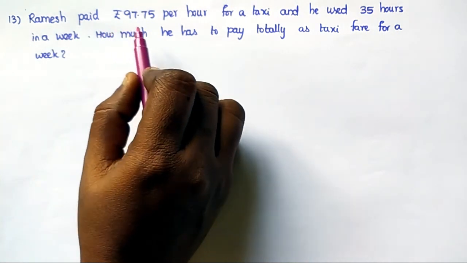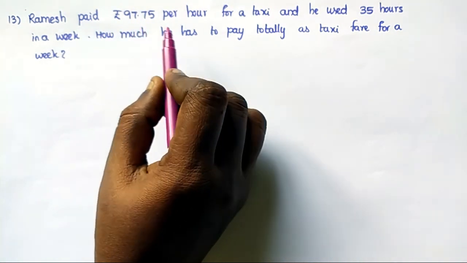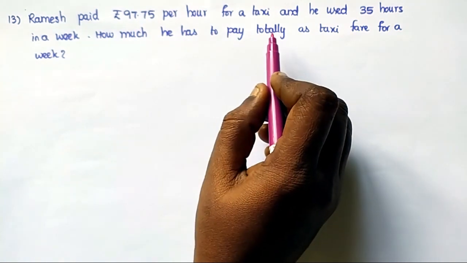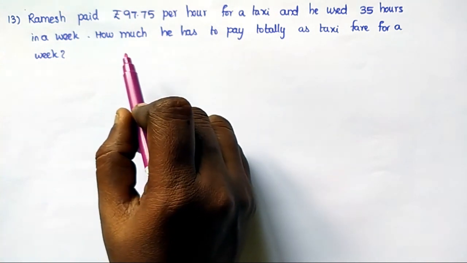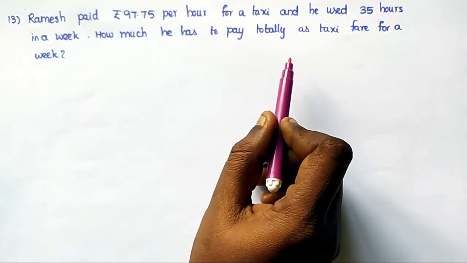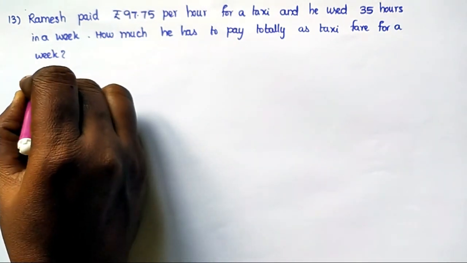13th sum. Ramesh paid 97.75 rupees per hour for a taxi and he used 35 hours in a week. How much does he have to pay totally as taxi fare for a week?